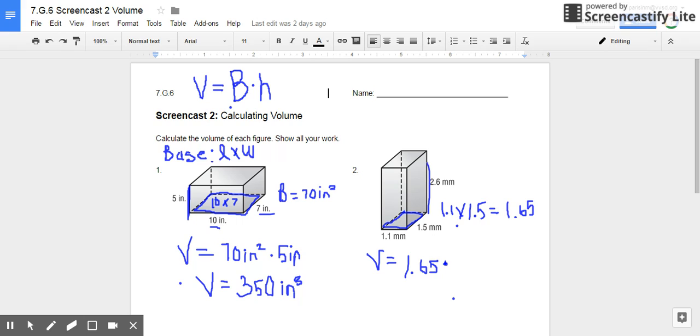How tall this prism is, look on this side, it's 2.6 millimeters. So times 2.6, then we get our volume: 1 and 65 hundredths times 2 and 6 tenths, we get a total of 4 and 29 hundredths, and that's going to be millimeters cubed.